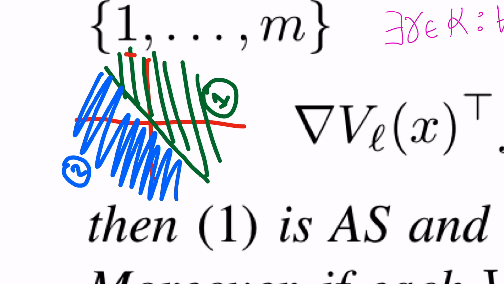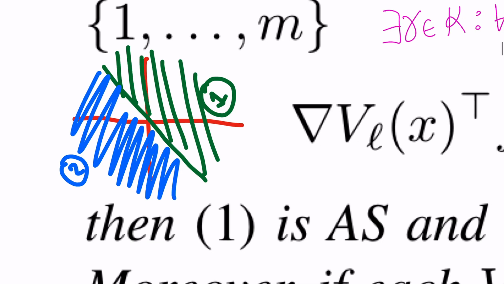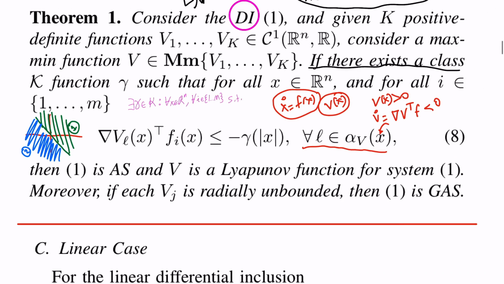Basically, we need to look at every point one by one, right? For a given x, we need to determine which Lyapunov function is active, and if for a given x the active set alpha V is a singleton, then we would be able to compute the gradient.